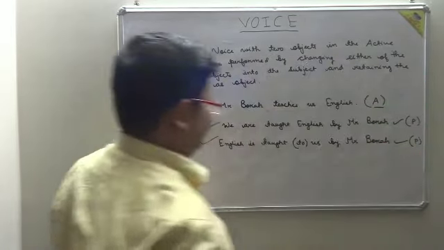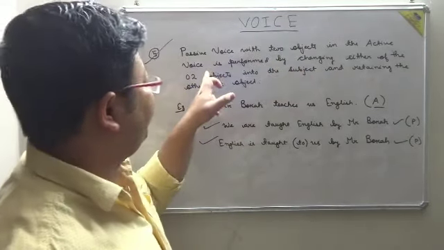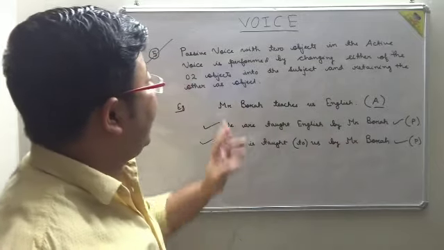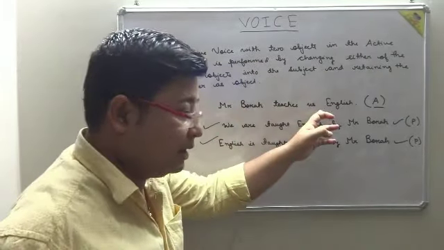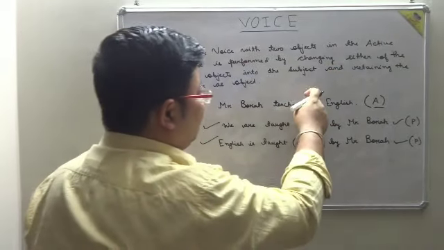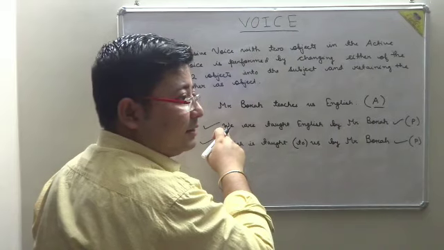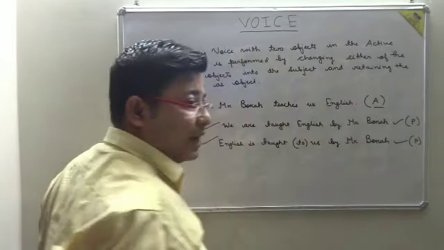Two sentences. See, passive voice with two objects in the active voice is performed by changing either of the two objects into the subject and retaining the other as object. I have used here we in the first sentence as subject and I have retained English as object.